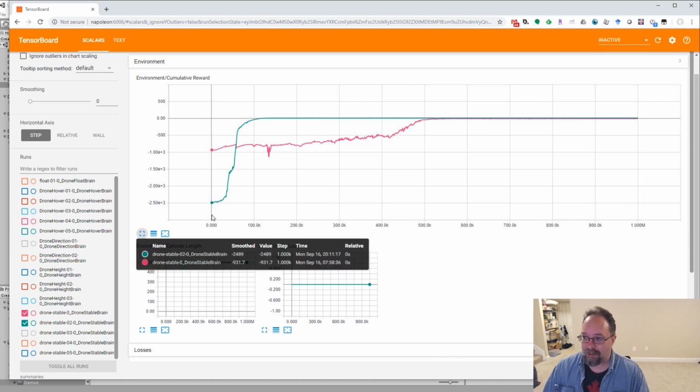And so this one is trying to be flat, and it had a very, very strong, hey, stay flat signal. And in many ways it was too strong, because that's what's actually causing it to move so slowly, because it's so concerned about being flat that it's not willing to tilt so that it can move forward.